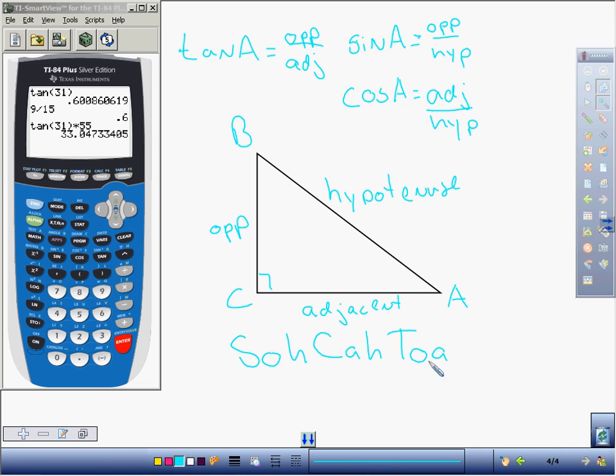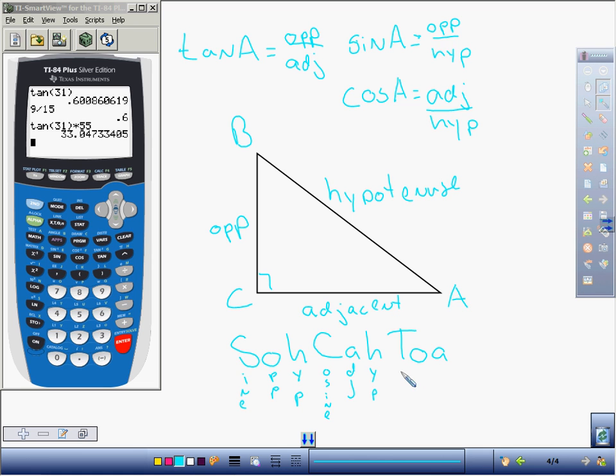SOHCAHTOA, if you know how to spell it, stands for: sine is equal to the opposite side over the hypotenuse side. C, big C, means the cosine, and usually on your calculator or in math classes they abbreviate it COS, which is equal to the adjacent side over the hypotenuse side.